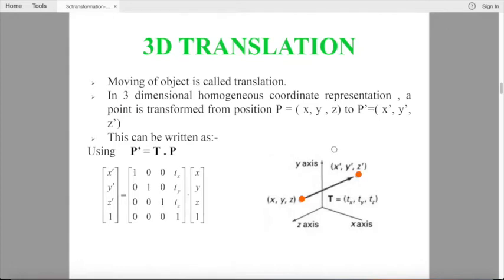So we can write it as P dot equals T times P. The added term is T. You can see on the slide that there is an X, Y, Z, this object at this point, but it moved to another point. So we call it x dot, y dot, and z dot. And we use the matrix in this form.